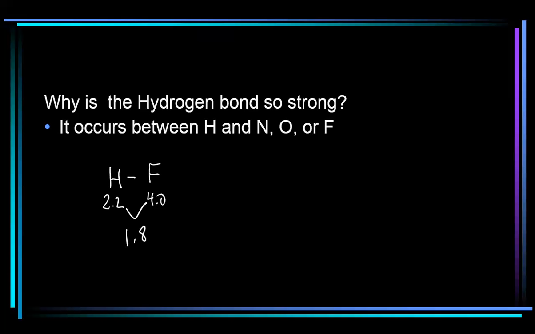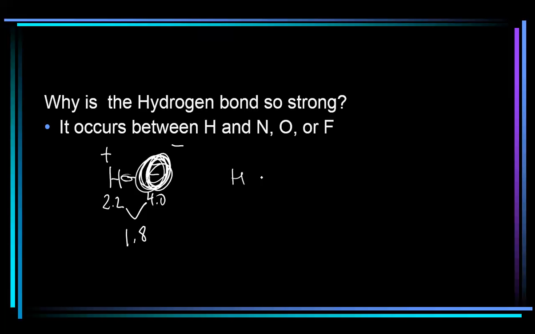There are many ionic compounds that have that much difference. Wow, that means that hydrogen's one electron spends most of its time near fluorine. That makes it a super dipole.